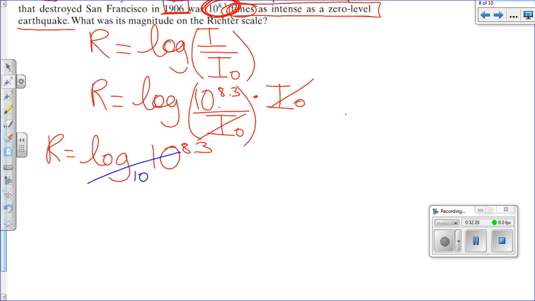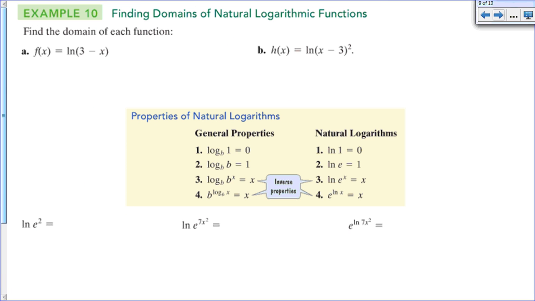So following the property that we studied earlier, they will cancel out, and so the answer will become 8.3. And that's something like what you hear on the news, an earthquake of an 8.3 scale. I have heard of earthquakes of a 9 scale. So let's move on to the next one.